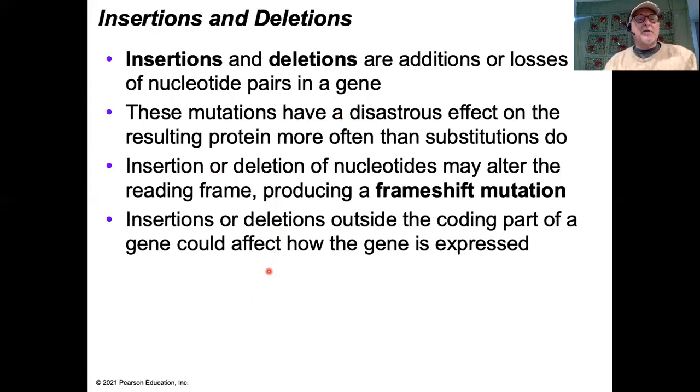And these are often extremely deleterious, and for a really important reason. And that is that they introduce what is referred to as a frame shift. Remember that the ribosome, for example, needs to know exactly where to start.